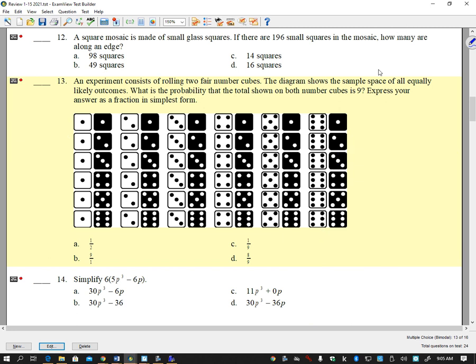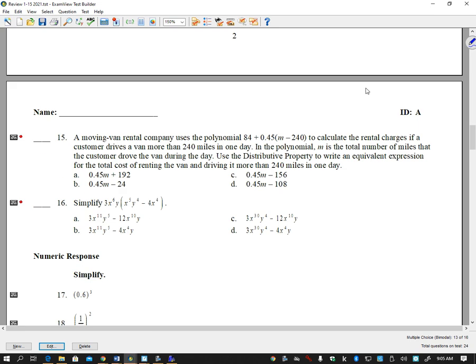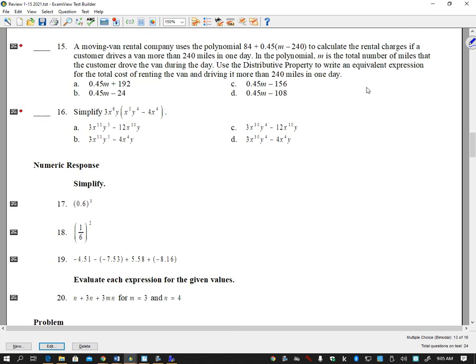Let's see, our next question up was number 15. Number 15 looks more complicated than it actually is. A moving van rental company uses this polynomial, 80 plus 0.45 times the difference of M and 240, to calculate the rental charges if a customer drives a van more than 240 miles in a day.